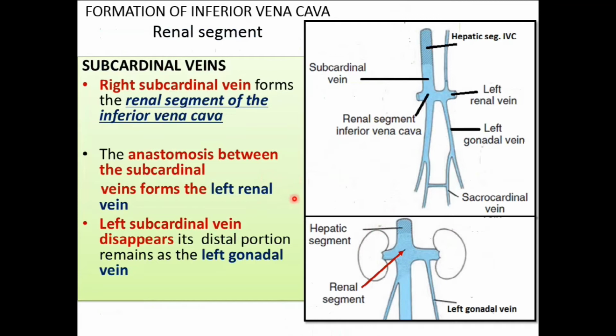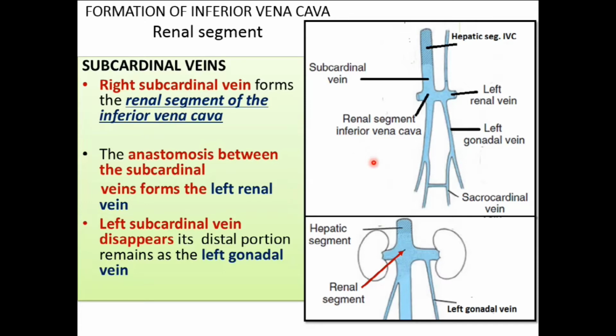So now we will talk about the formation of the inferior vena cava. Inferior vena cava is formed by different sets of veins, and in different segments it is formed. So first of all we will talk about the subcardinal system of veins, and the subcardinal system of veins will form the renal segment of the inferior vena cava.